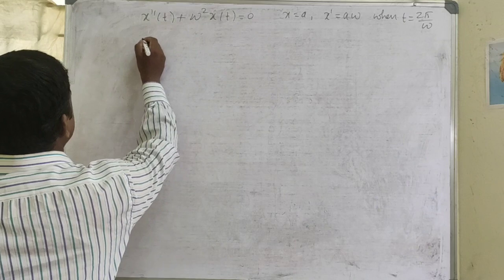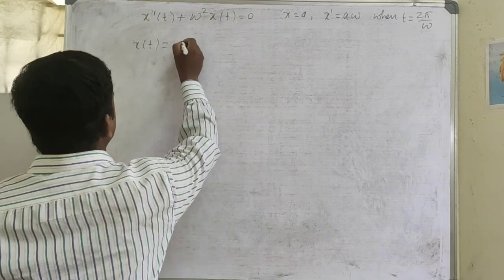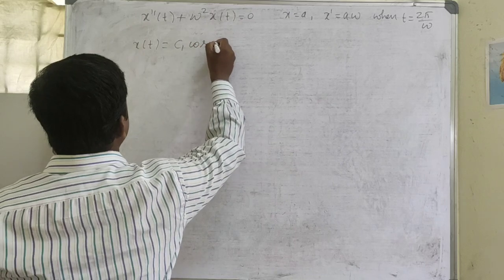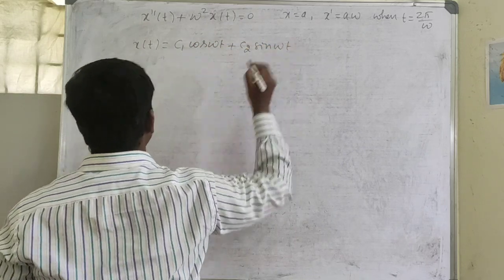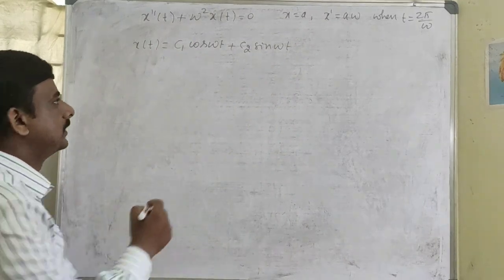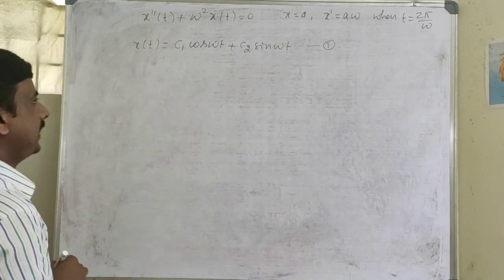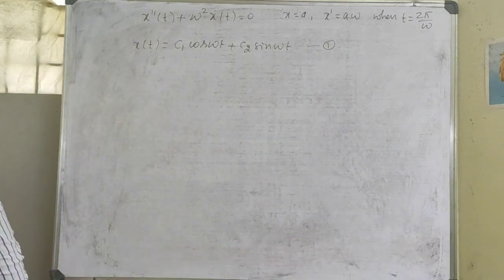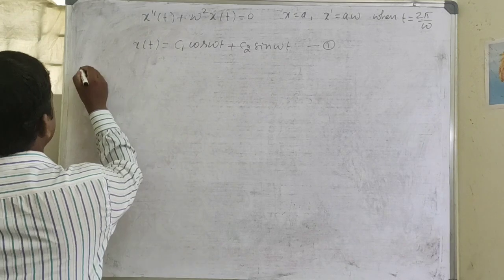So we get the solution x of t equal to c1 cos omega t plus c2 sin omega t. We call this equation 1. It is given that when t equal to 2 pi by omega, the value of x is a. So that condition I will use here.